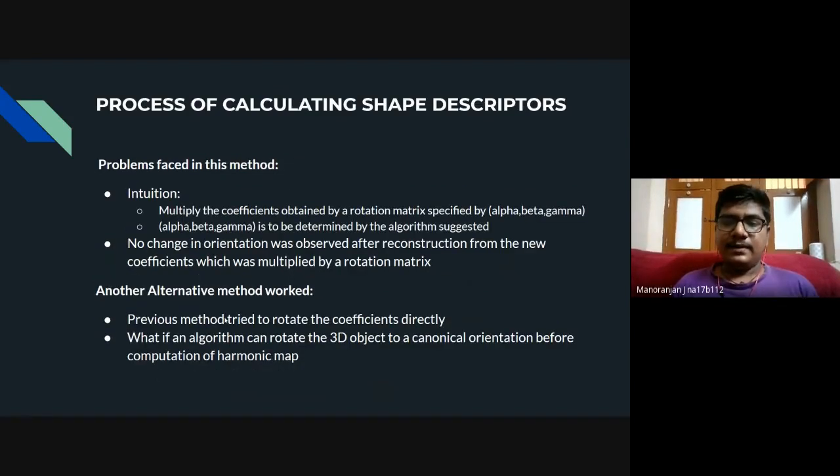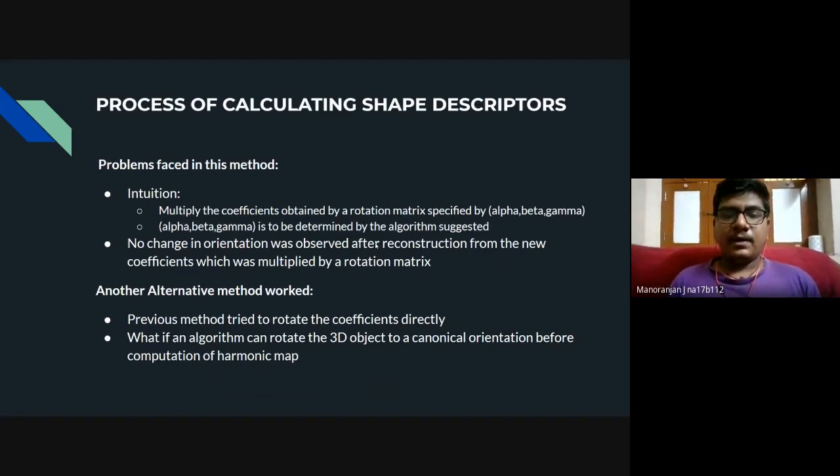I didn't go deep into that, but we were able to replicate what was suggested in the paper. The idea is just like a rotation matrix. We compute a rotation matrix and multiply it with the coefficients we computed, and the angle by which we rotate is determined by the suggested algorithm.